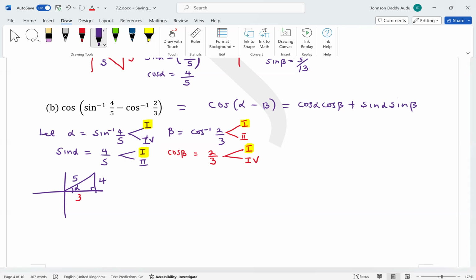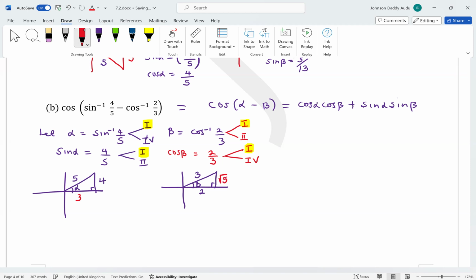So we're going to have our beta in the first quadrant. Cosine beta is adjacent over hypotenuse, so the adjacent is going to be 2, hypotenuse is 3, and then we can get the opposite. The opposite is going to be the root of 9 minus 4, so that is going to be the root of 5.